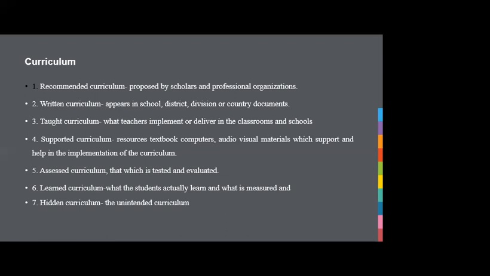We have the assessed curriculum, which is tested and evaluated, right? That is something which again can differ from school to school. Then we have the learned curriculum, and this is very important, is what the learners or the students actually learn and what it is measured by.